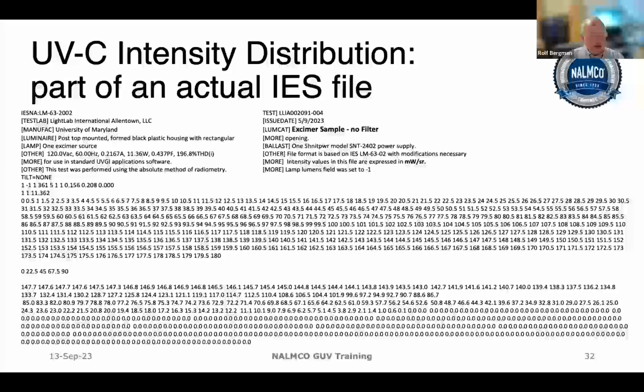Now below it, you begin to see the data. 147.7 is the measurement at 0 degrees on both vertical and lateral. And this is all at 0 degrees lateral. So we get 150 measurements.